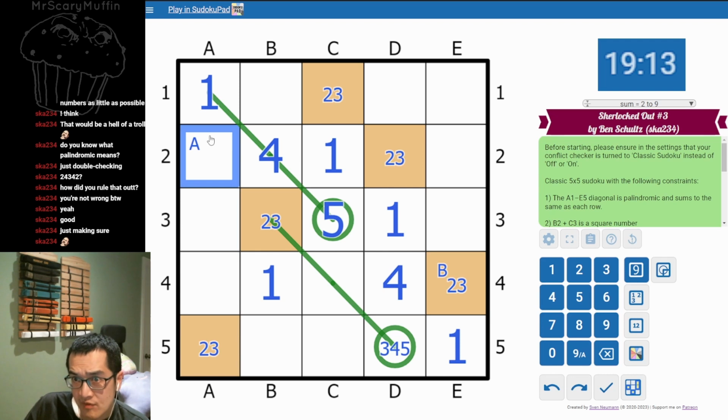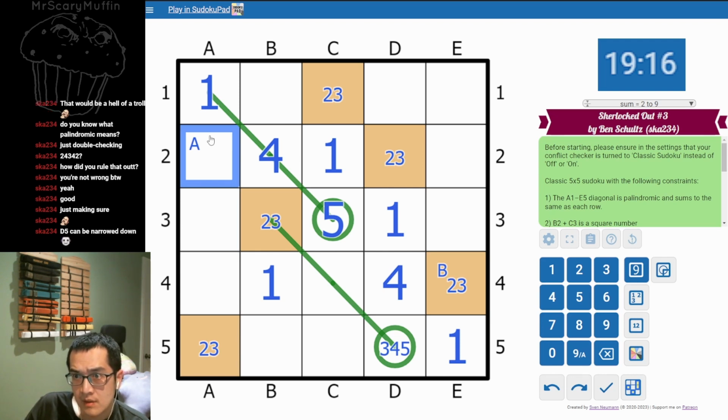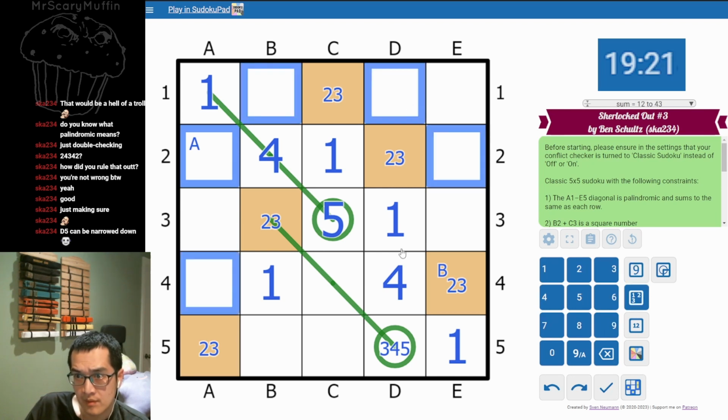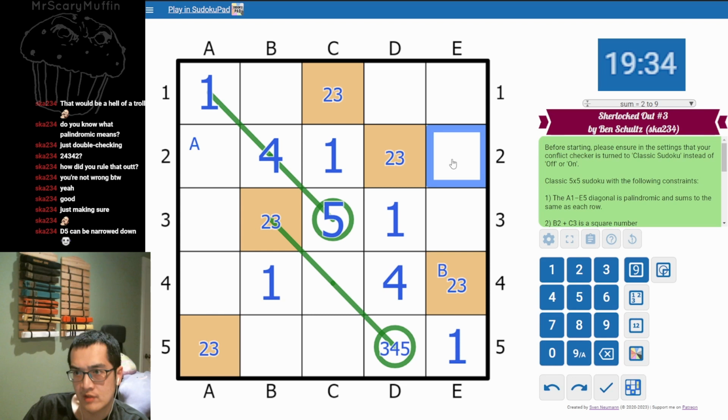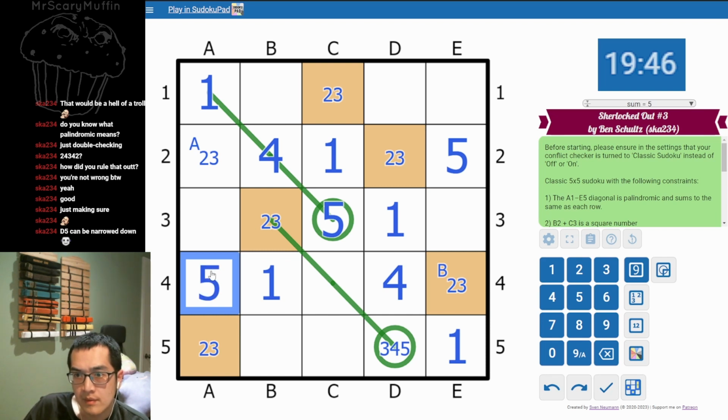This is probably the 5 then, I'm inclined to say. Let's just double check if we need to force the 5 onto there. Yeah, okay, the E... No, it doesn't. Because the E column 5 needs to be here. This is the other 2, 3. E column 5 is here, therefore the A column 5 is here. And these could be either way.